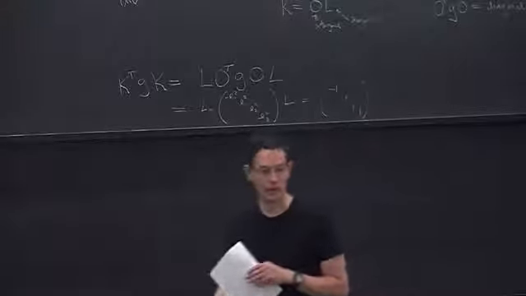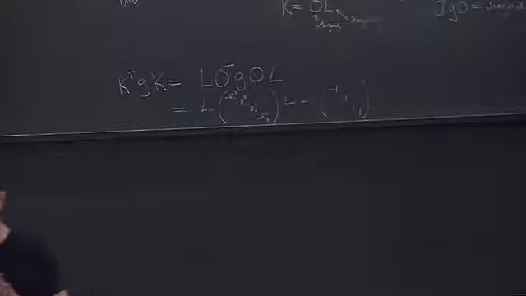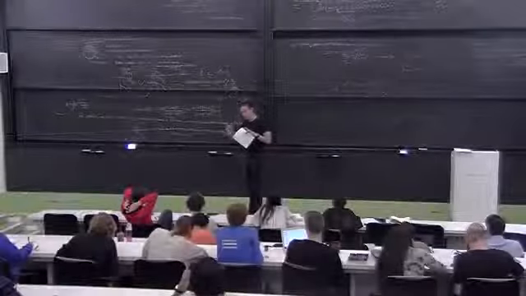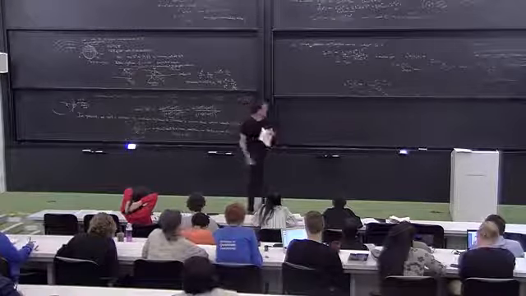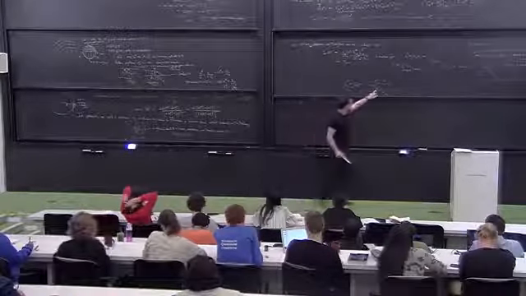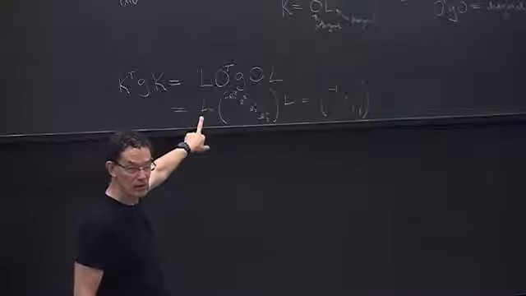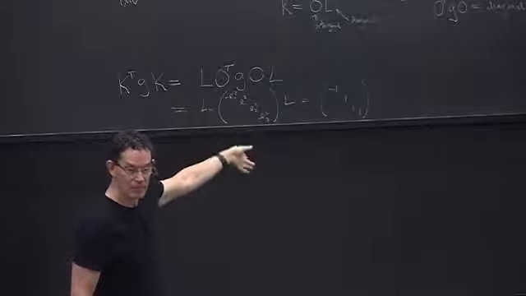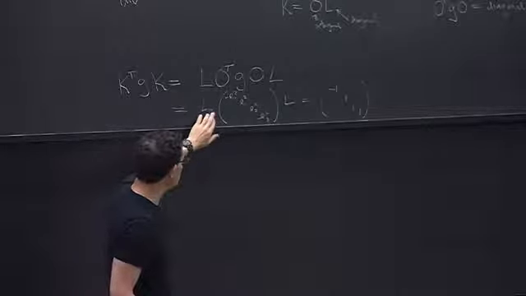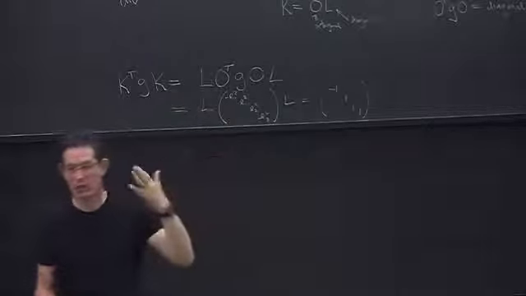What L do I need? It's got to be diagonal, and its only role is to get rid of those L squareds here. So what should I choose L to be? What L do I choose to make this term equal to minus 1?